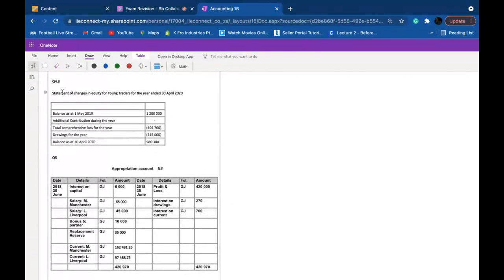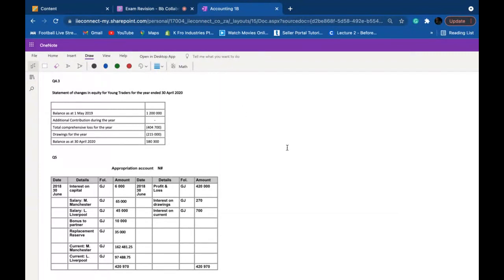Easy marks for you. Then here, part 3, they said do the statement of changes in equity. Okay. So remember, to do the statement of changes in equity, I don't want you guys to cram this stuff. You're literally saying, what was last year's capital balance? Capital. Okay. Then we're saying, did we make any capital contributions? Contributions. Okay.